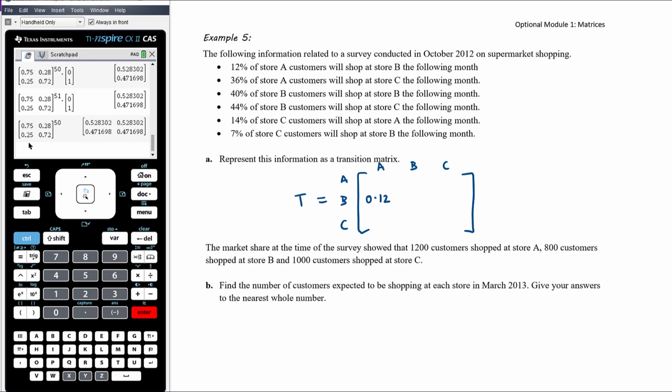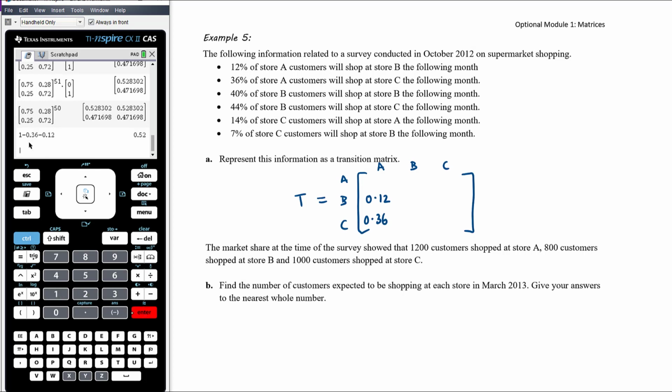So 0.12 goes there. 36% of store A customers will shop at store C in the following month, so 0.36 goes there. Therefore, we can work out what percentage stay store A customers by knowing that they have to add up to 1. So 1 minus 0.36 minus 0.12 leaves 0.52, so 52% stay shopping at store A.